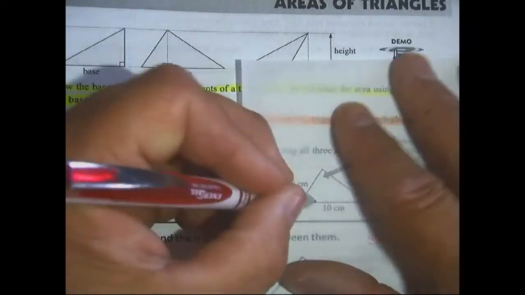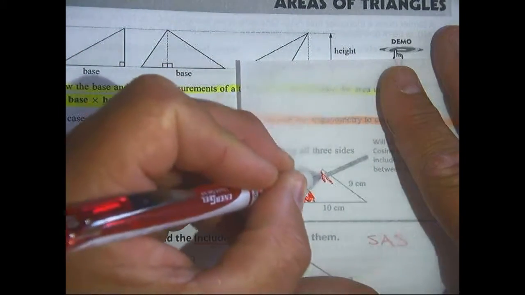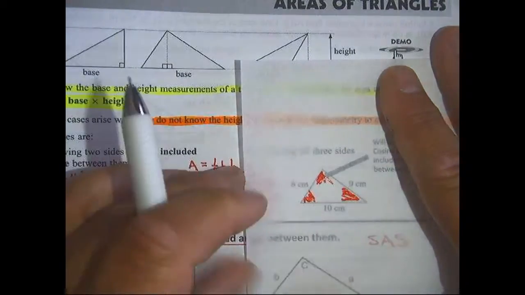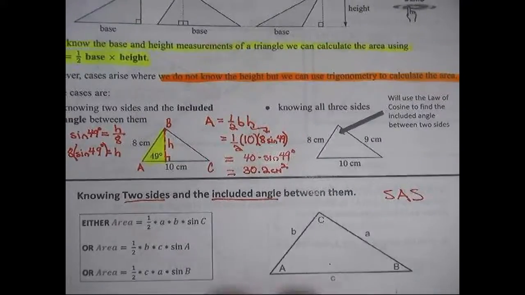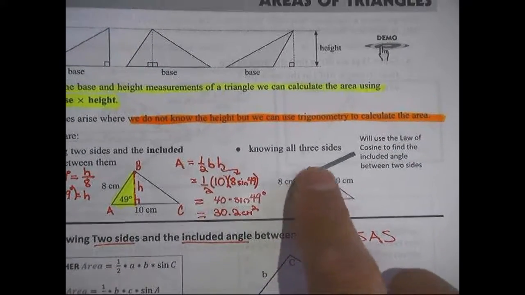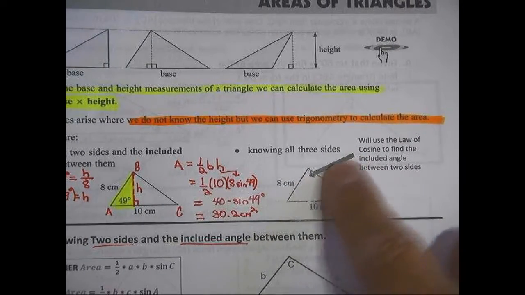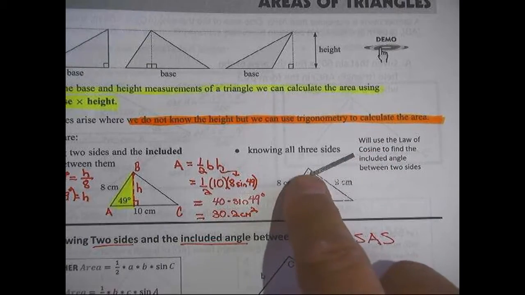I can't do anything unless I knew that angle, or that angle, or that angle. If I knew any one of those, then I could do this. So we've got to find a way to do that, and we will in a day when we do the law of cosines. The law of cosines is going to let us figure out what that angle is.